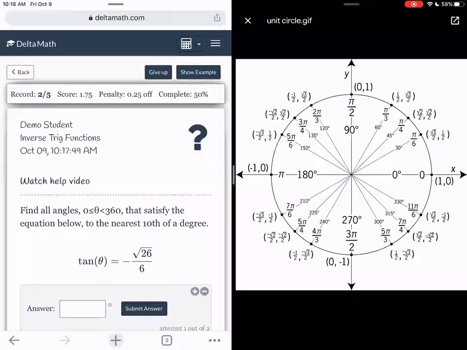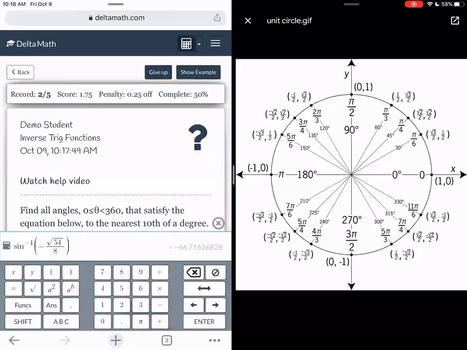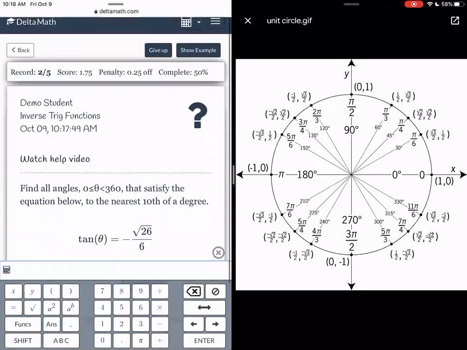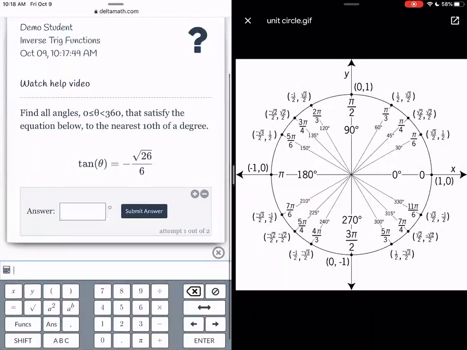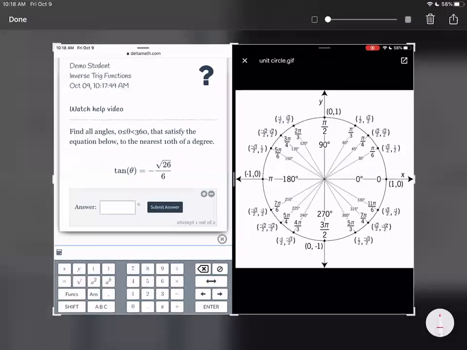So press the calculator, not prick it. I was trying to say click and press at the same time. I said prick. Okay. So to get to the part where you can type tangent inverse, you're going to press this button, the functions button.